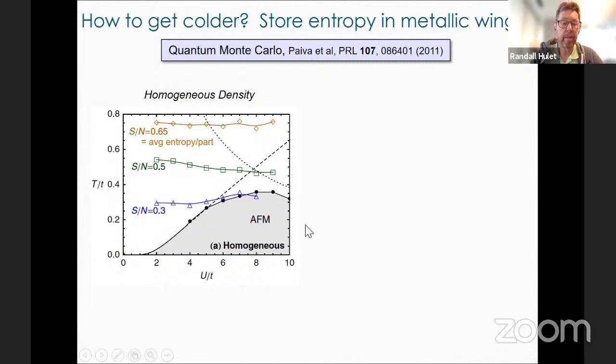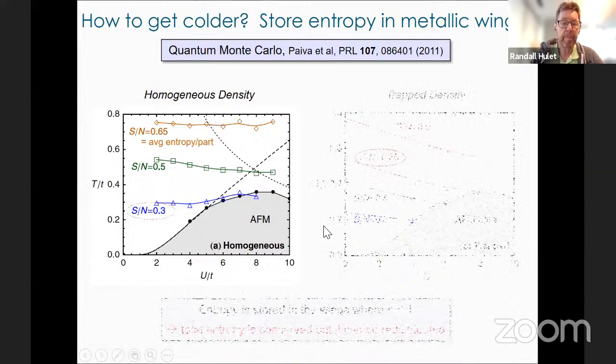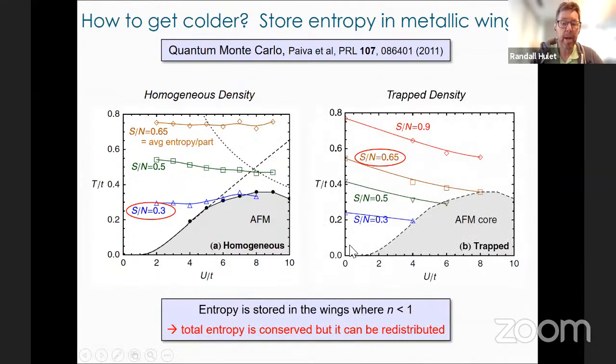Now, the nice thing is that if you go in a harmonic trap, the situation is really improved. So this is 0.3 still, the blue. And now you can see that you can get entropy maybe a factor of 2 greater and still get about the same degree of antiferromagnetic order.